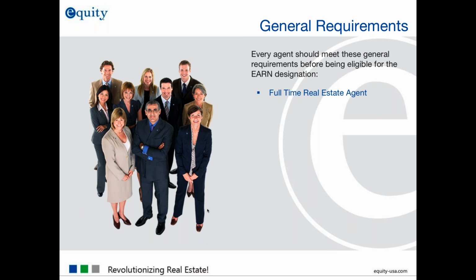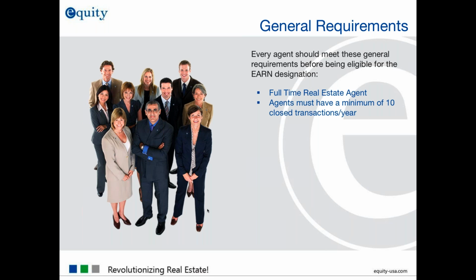Maybe you can set a goal to become full-time, but especially with relocations, they come in from out of town and they need an agent dedicated to them full-time for a day or two, all right? And they can't wait around for somebody that can't respond for 4 or 5 hours because they're still working their other job. So unfortunately, this will bar some agents from being able to participate until they become full-time, but we are requiring that you be a full-time agent.